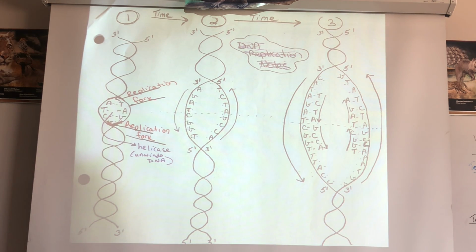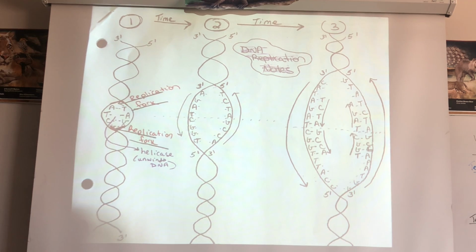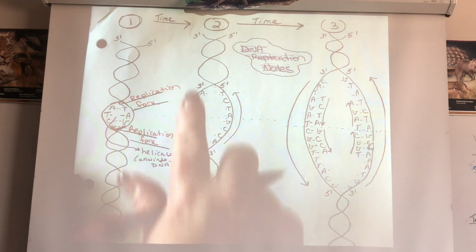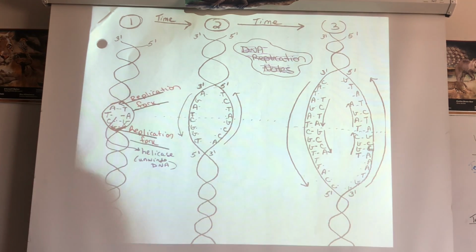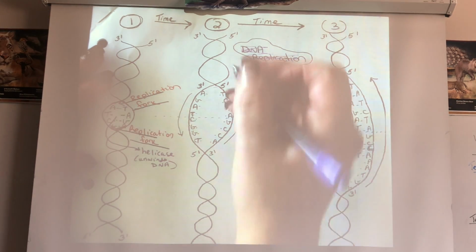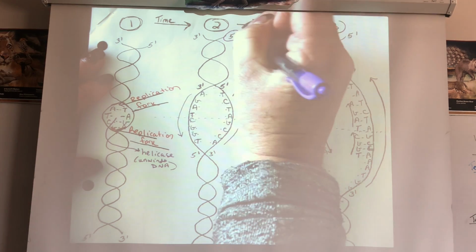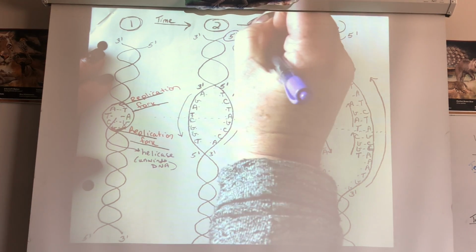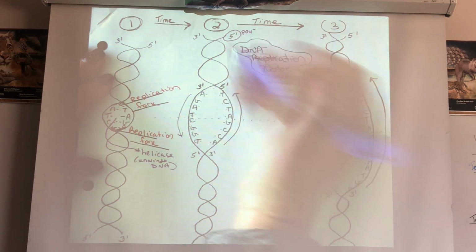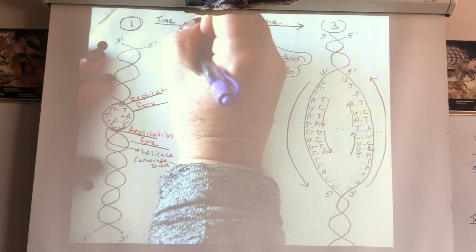With DNA polymerase, you have to know direction in terms of your 3' and 5'. We talked about that with DNA structure during the last lecture. 5' means that there's a phosphate group exposed on this side of the DNA. 3' means there's a sugar exposed.